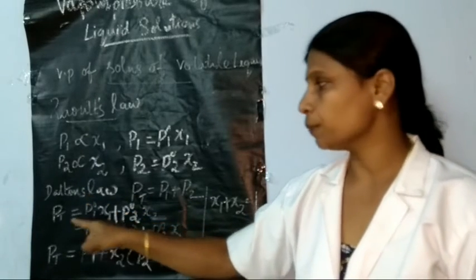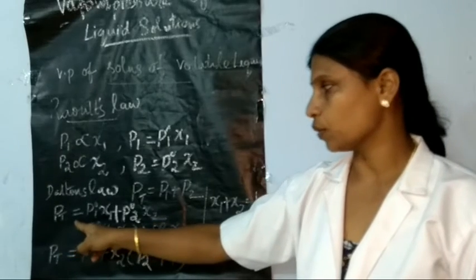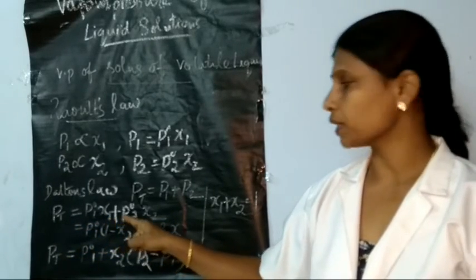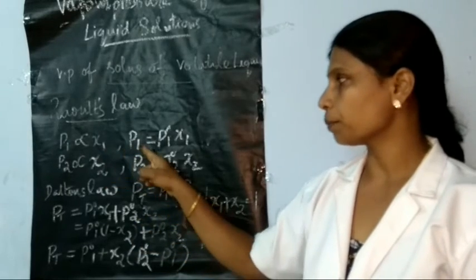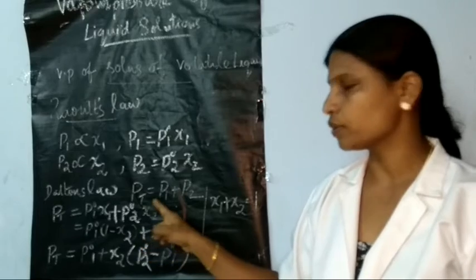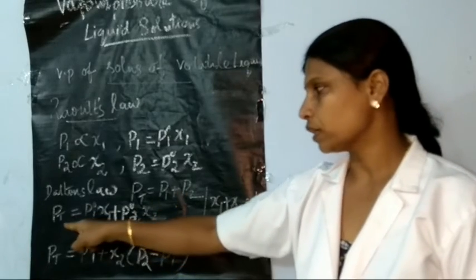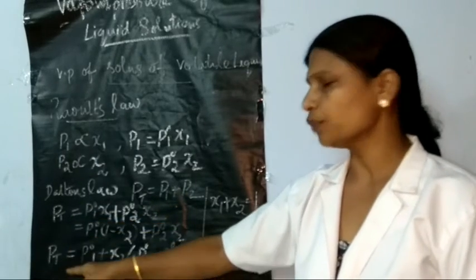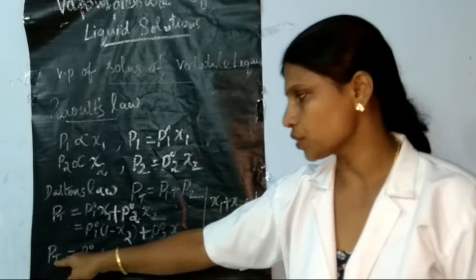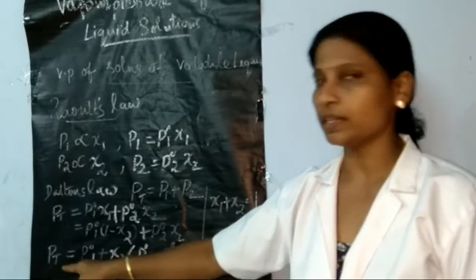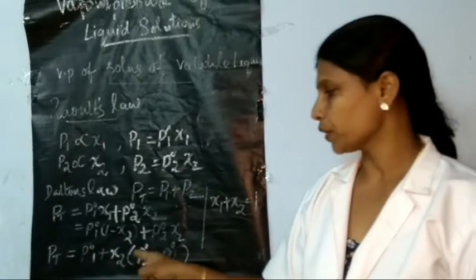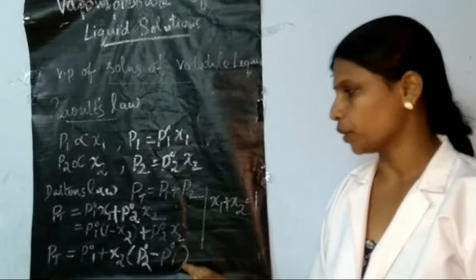Substituting, P total is equal to P01 into X1 plus P02 into X2. Substitute the values of P1 and P2 in this equation. After rearranging, we get the final equation: P total is equal to P01 plus X2 into (P02 minus P01).